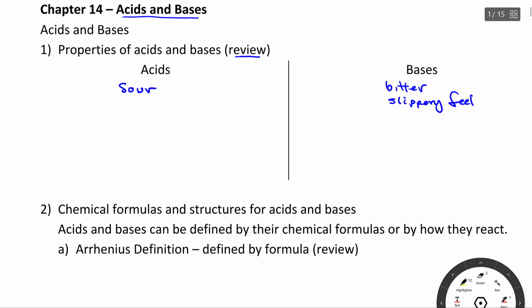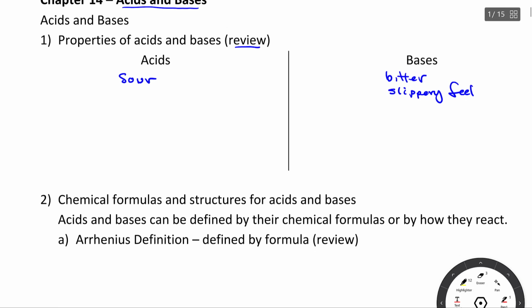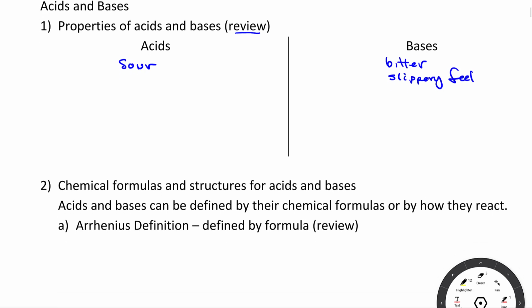That's another thing you're not supposed to be doing, right? Acids will react with metals. And I should also point out that when acids react with metals, they generally create hydrogen gas. So I'm putting a little note down here.